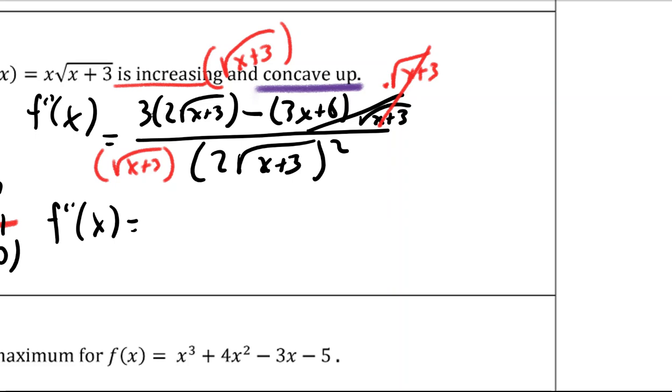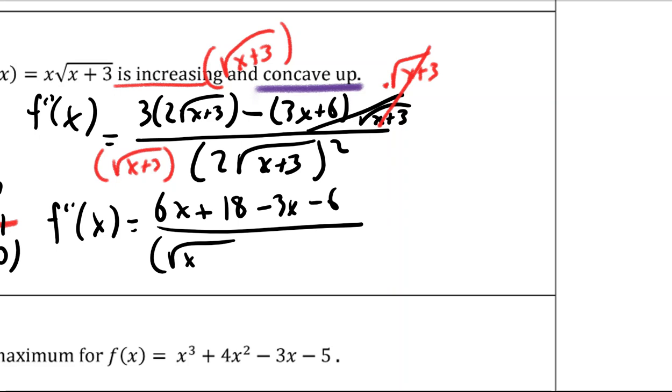We've got a 6 here. Square root of x plus 3 times the square root of x plus 3 is just x plus 3. So I've got 6x, if I distribute 6 times 3 is 18. These two cancel, so minus 3x minus 6.